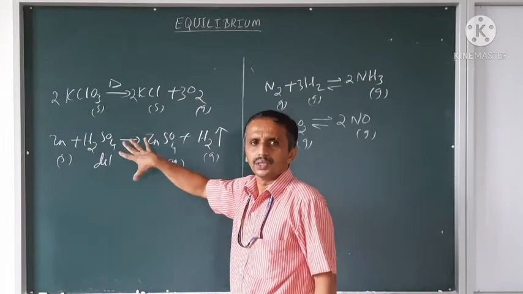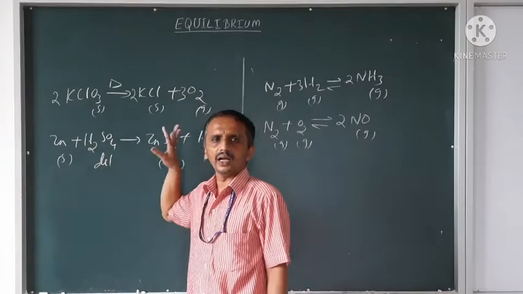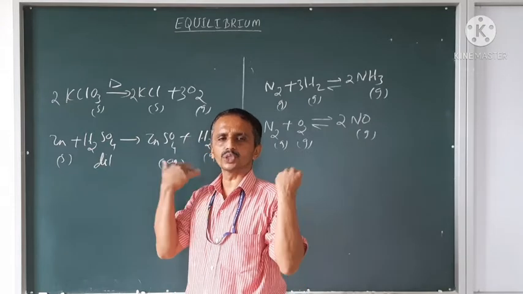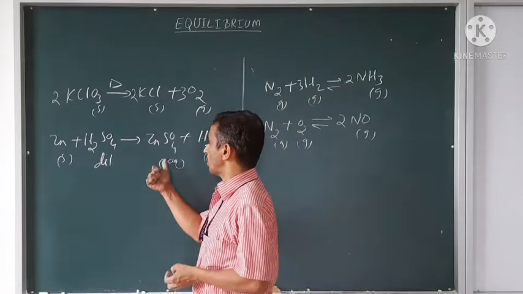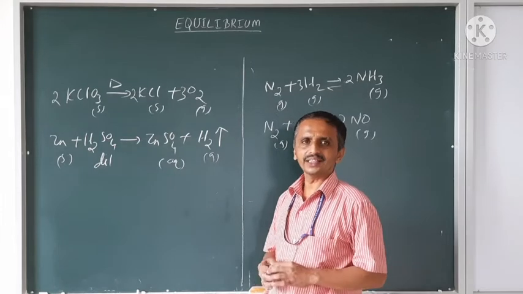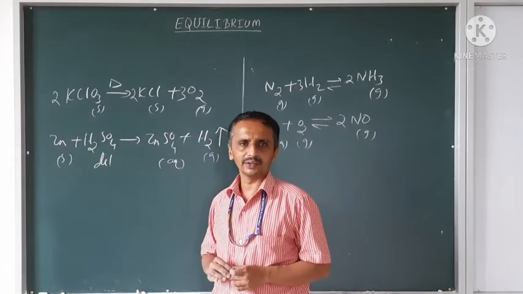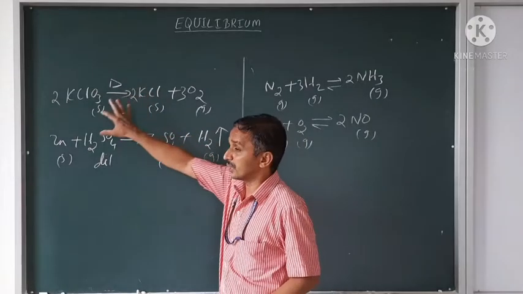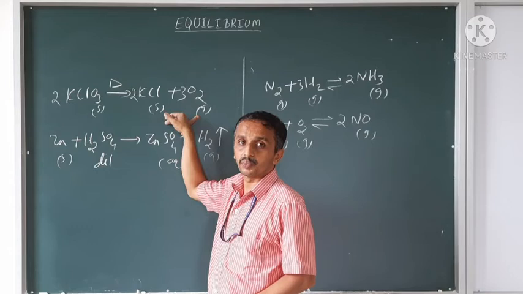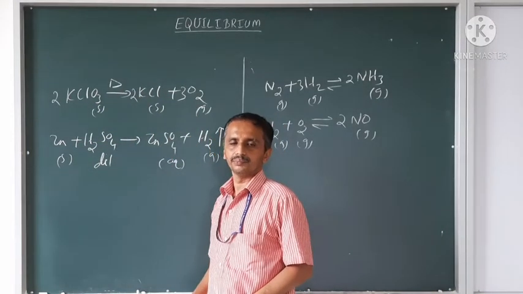See, in this reaction, say zinc is added to dilute sulfuric acid. The hydrogen gas goes out and forms zinc sulfate. Now, from the zinc sulfate and hydrogen, I cannot get the zinc and sulfuric acid back. Or when KClO3 is heated, I get KCl and O2, but again from this I cannot get the KClO3.